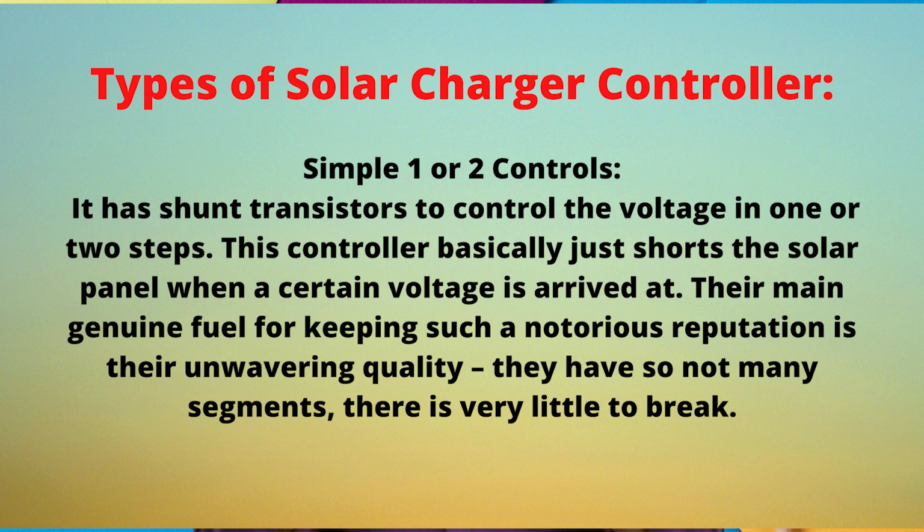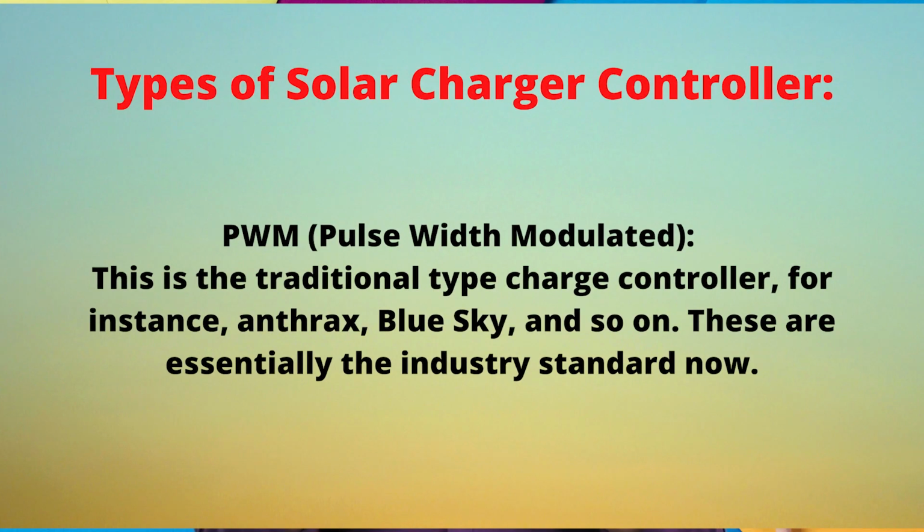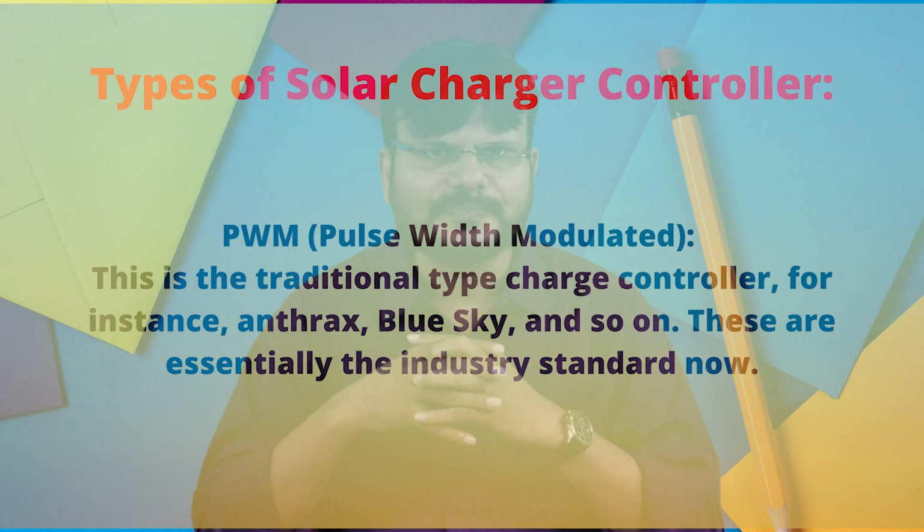They have so few components that there is very little to break. The second type of charge controller is PWM, or pulse width modulated. This is the traditional type of charge controller, for instance Blue Sky and so on. These are essentially the industry standard now.